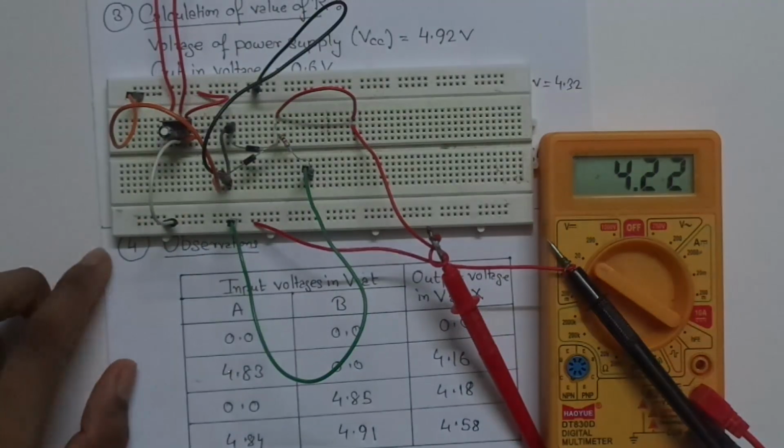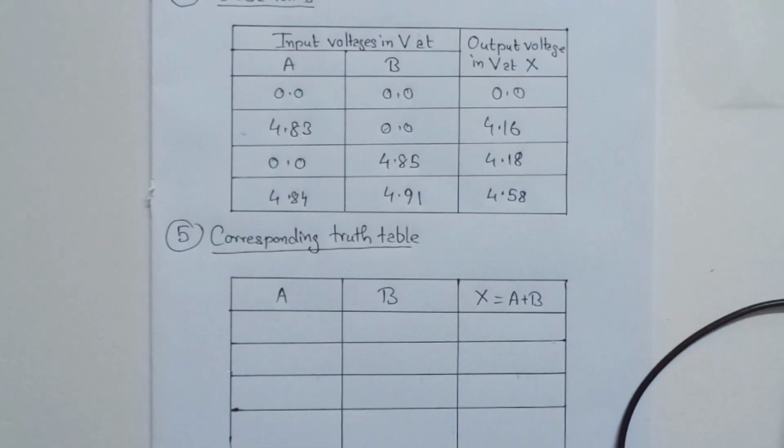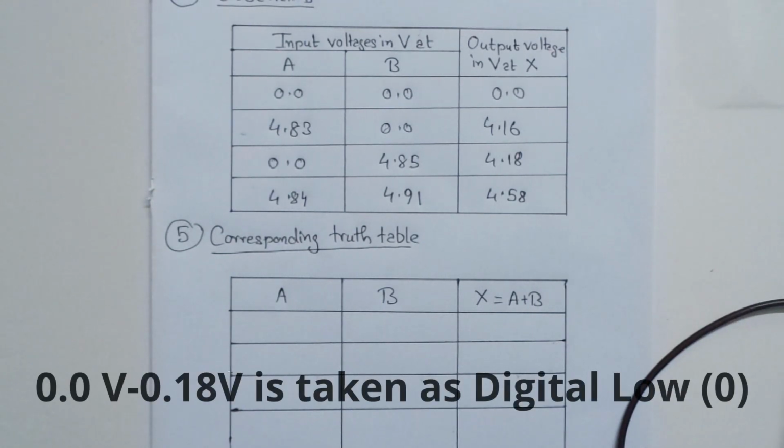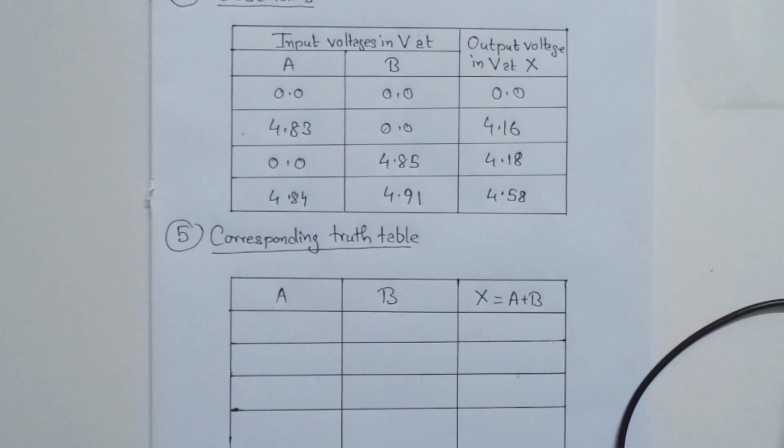So that's our reading. Now from the input voltages and the output voltages which we have recorded, let's make the truth table. Before making the truth table, we will consider two things. First, if the voltage range is between 0 to 0.18 volt, then it is taken as a digital 0 or digital low.